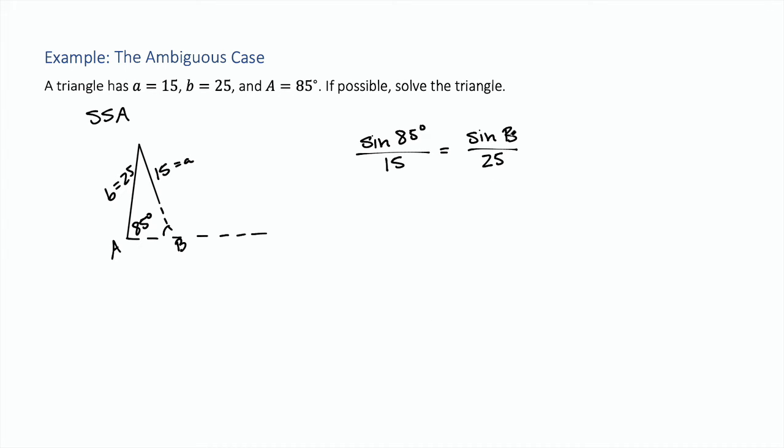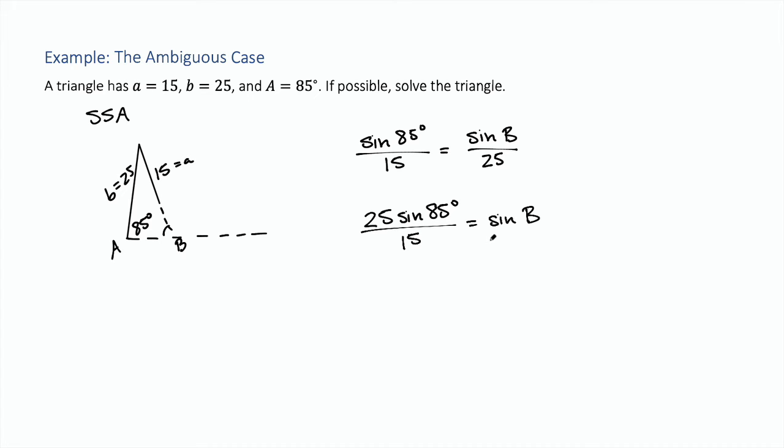So if I'm trying to solve for the angle B, I multiply by 25, and I get 25 sine of 85 degrees over the 15. That should be the sine of B. And then I would need to do the inverse sine.